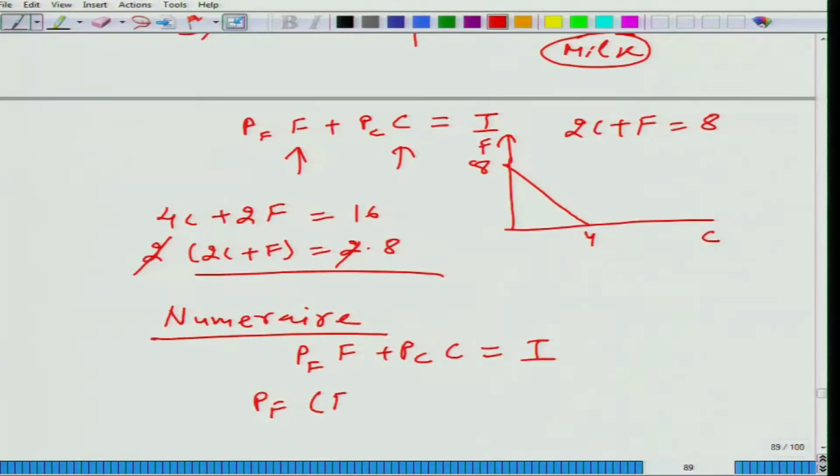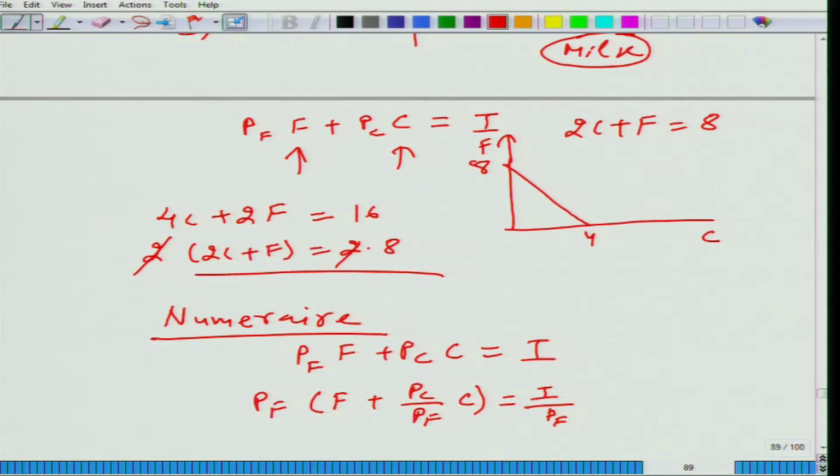We can take Pf common, as we did here. If we take Pf common, what do we get? F plus (Pc by Pf) C is equal to I by Pf. So everything in the economy is expressed in terms of fish.